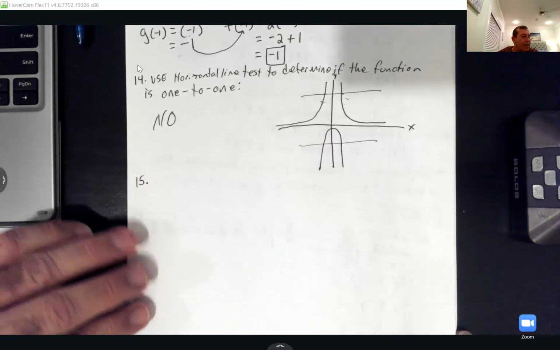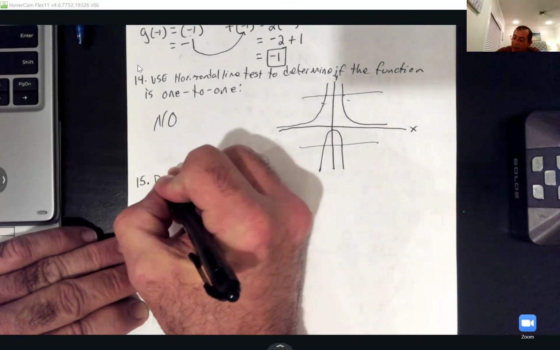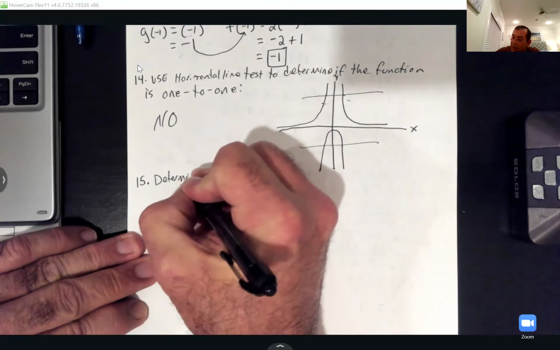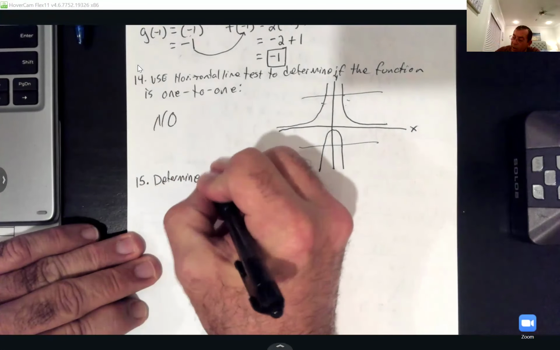Okay, so 15 actually uses this. 15 will say determine if 1-to-1.